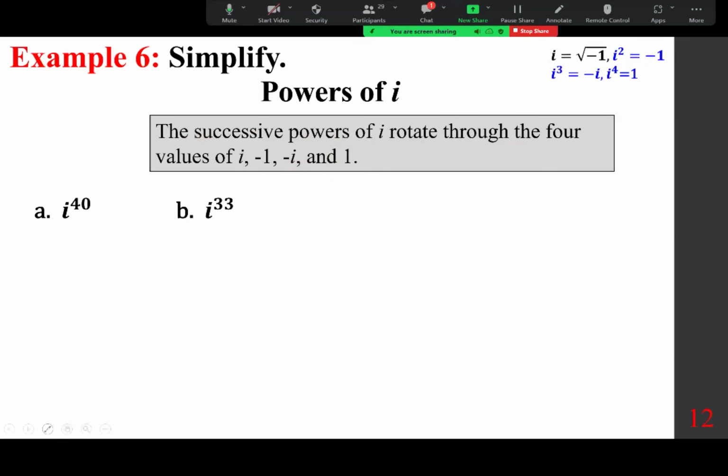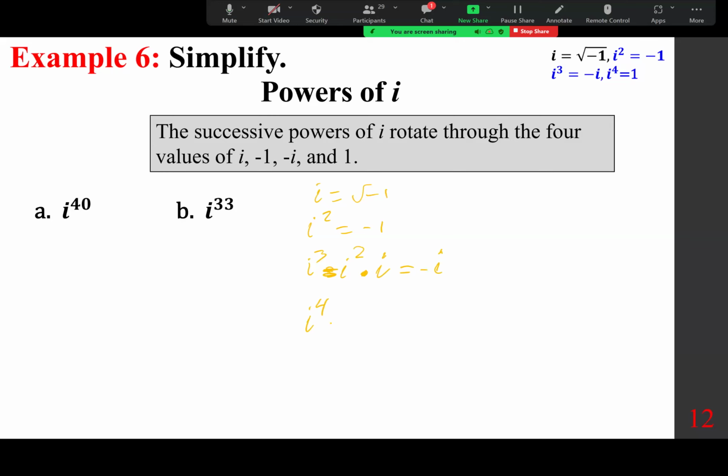So, of course, we know i is the square root of -1, i squared is -1, and i cubed is i squared times i. That makes it -i.